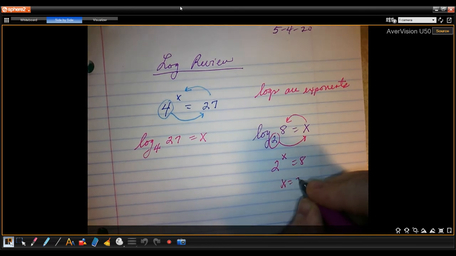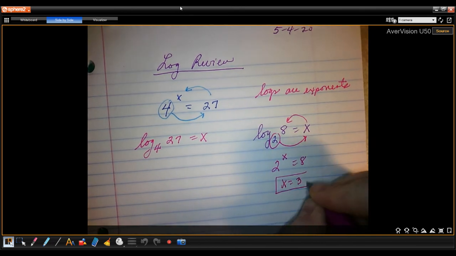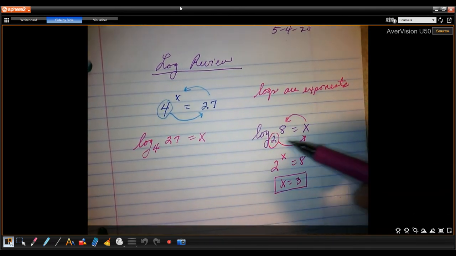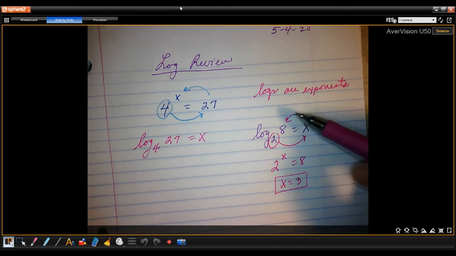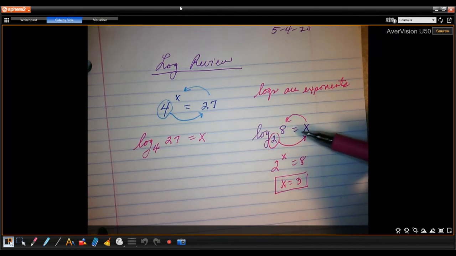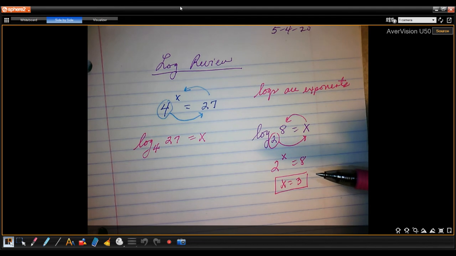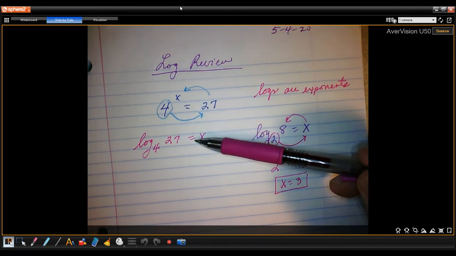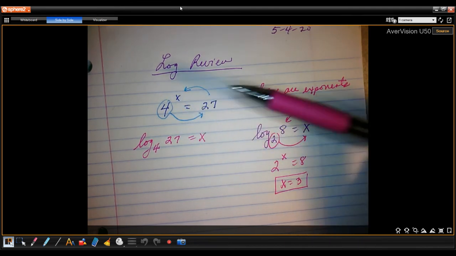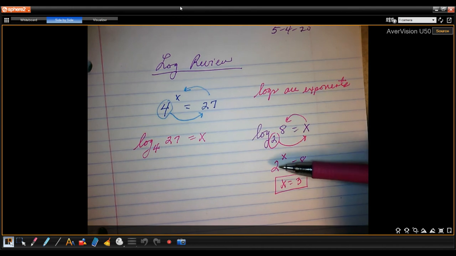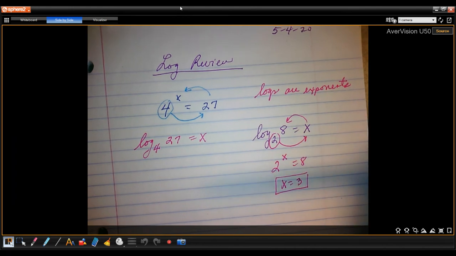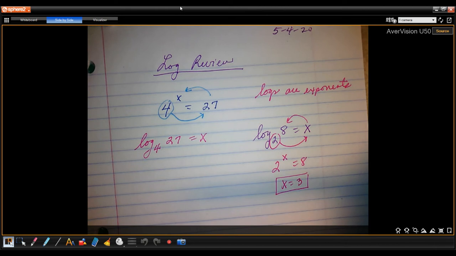You guys all know x equals 3. So 2 to the third power is 8. So logs equal exponents. x is 3, the unknown exponent. So logs and exponentials are inverses of each other because you need to use a log to solve for an exponential, and you can turn a log into an exponential to solve. That's why they're inverses of each other and they go together.